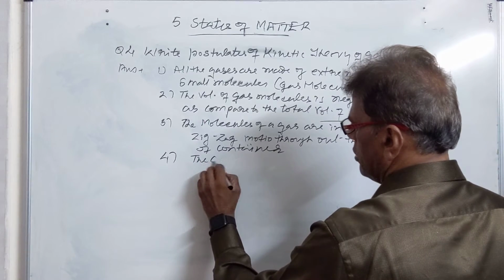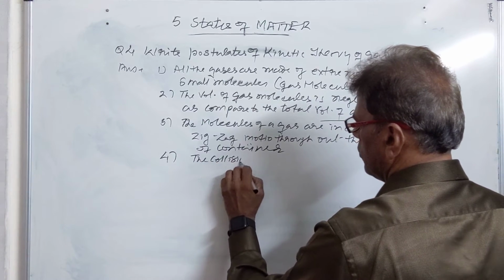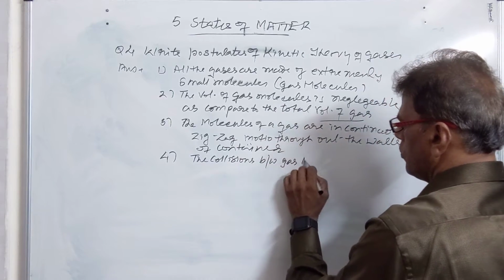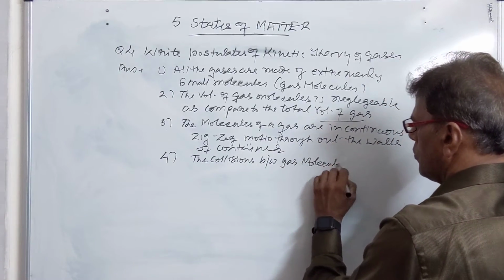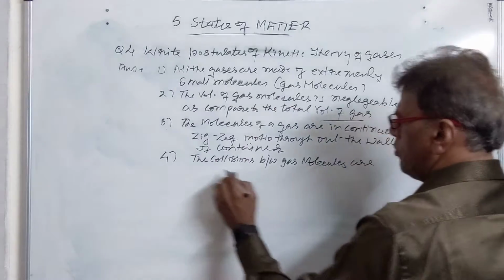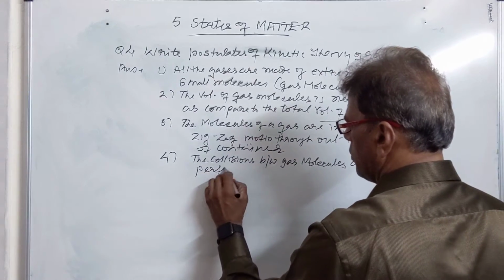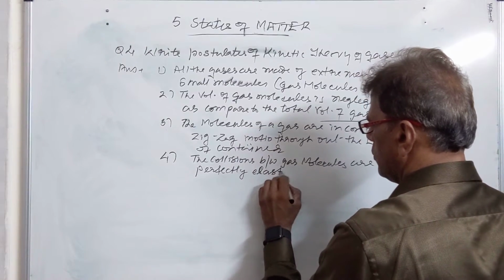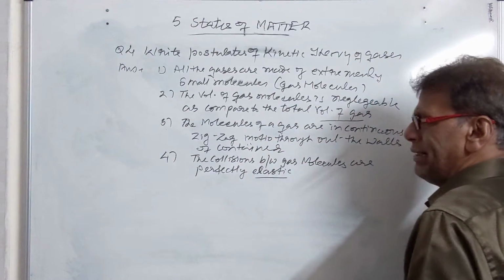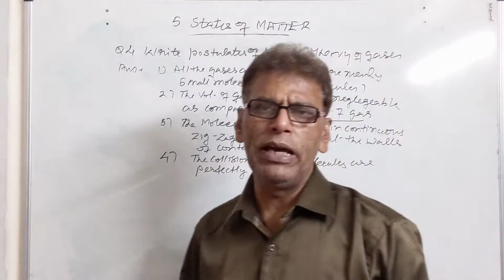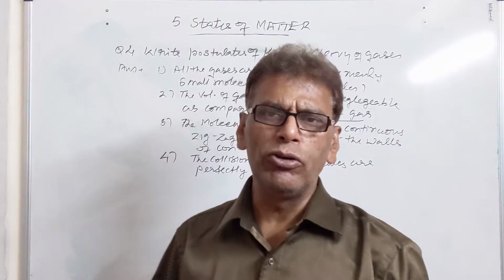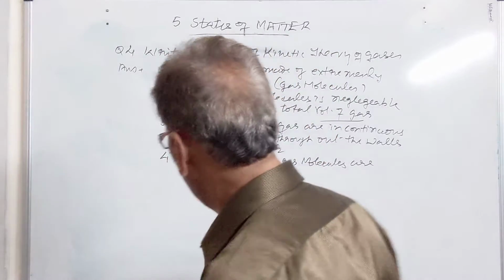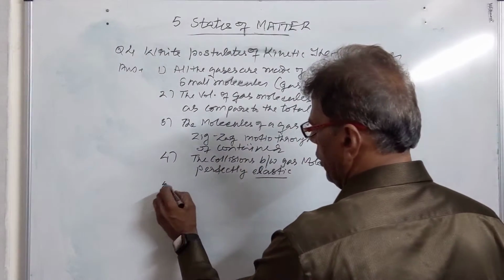The collisions between gas molecules are perfectly elastic. Means there is no loss of energy when the gas molecules collide against each other. When they collide against the walls of the container, there is no loss of energy.